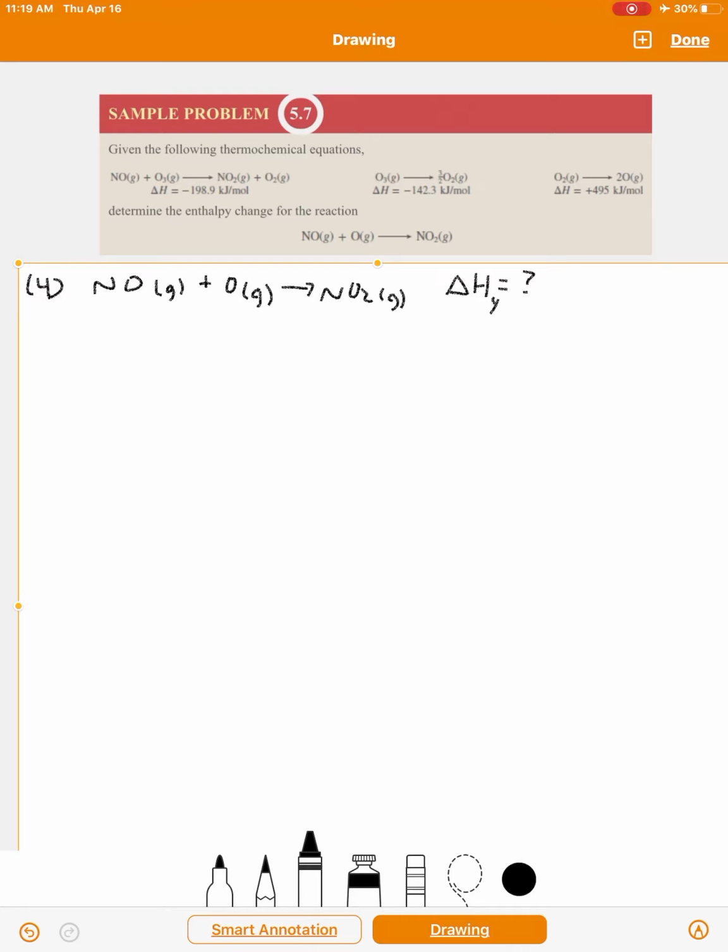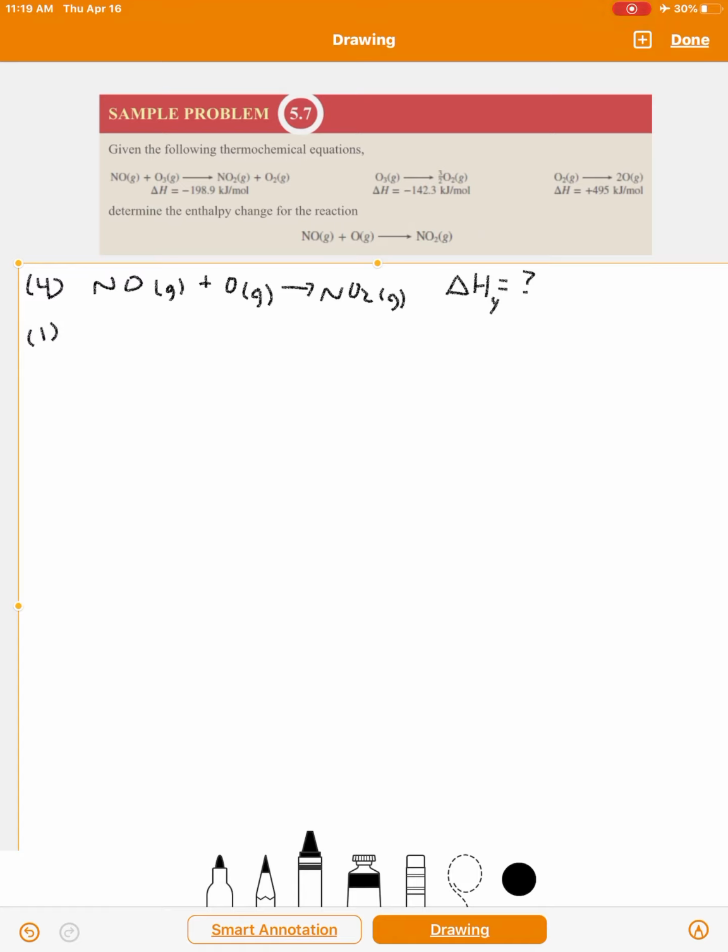The next step is I look to see if the NO gas is on the same side as it is in equation 4. And if you look at it, it is. It's on the reactant side. Then I look to see if it's the same number of moles. Is the coefficient the same? The coefficient is the same. It's 1. So that means equation 1 is written in such a way that it gives me exactly what we want in terms of NO for equation 4. So for reaction 1, I'm just going to copy it.